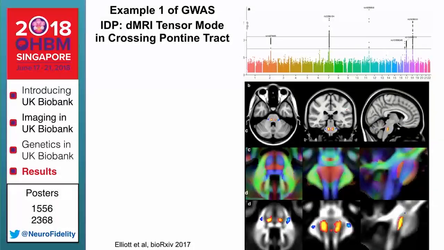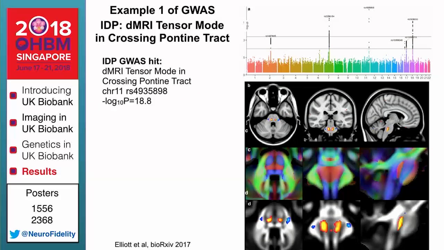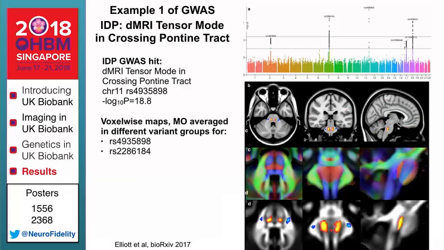And I'm including here 2 examples of the many that we found. This is the tensor mode in the crossing pontine tract. And first we found a GWAS hit in chromosome 11 with a p-value of 10 to the minus 18.8. But in the same cluster, we found another hit. And if we represent the spatial maps that we found with those 2 SNPs, you can see the blue and the red in that image.